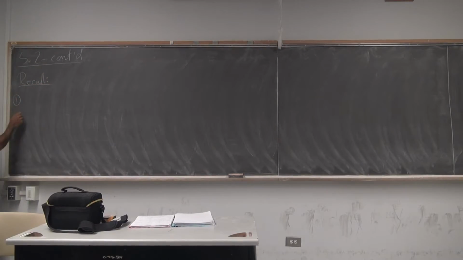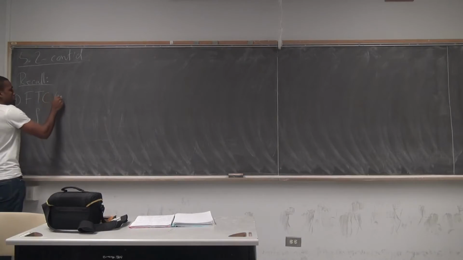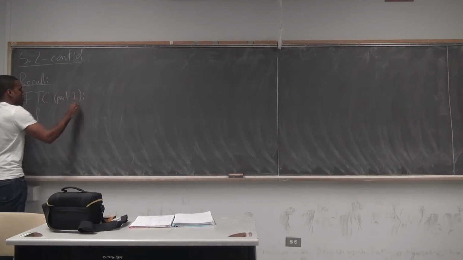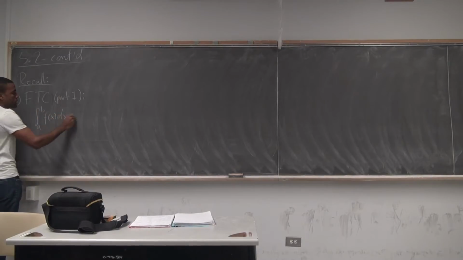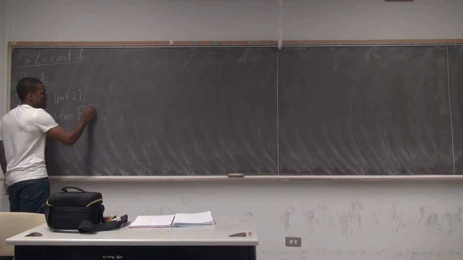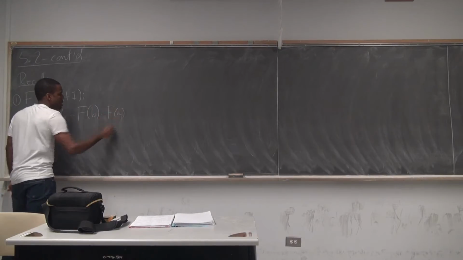One very important fundamental theorem of calculus, part one, basically says the integral from a to b of f of x dx is equal to big F of b minus big F of a.